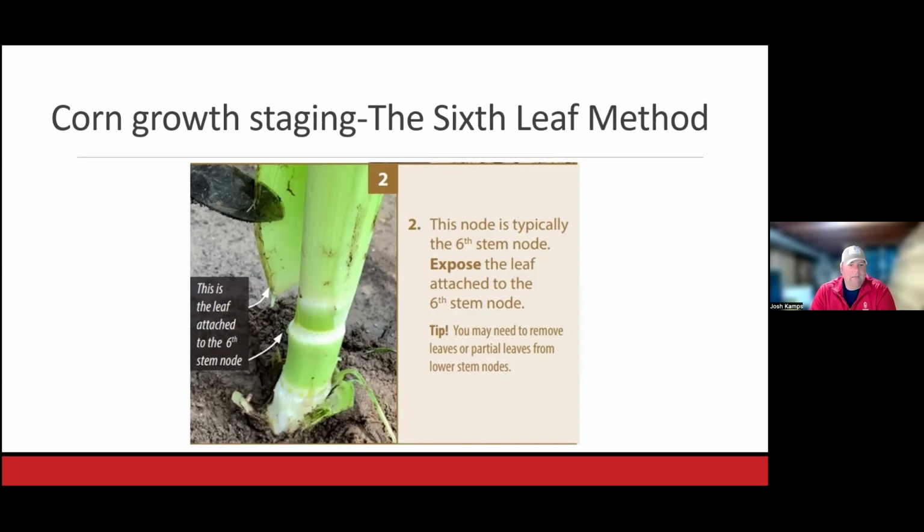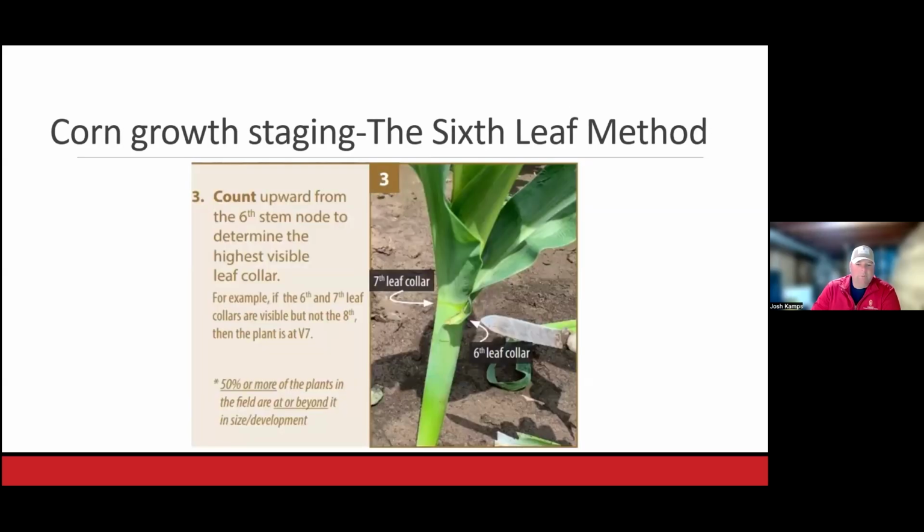Okay, so you might need to take a knife and open that just a little bit and expose it so we can see for sure what we're looking at on that stem node. And then once we have that identified, we can count up from there. Okay, so we know that that is our six leaf collar, for instance. Then we can go up from there and keep adding leaf collars until we run out of them, till we get to those newer leaves.